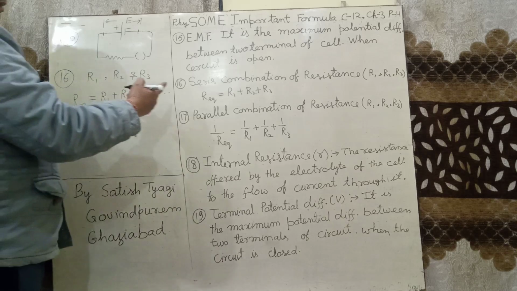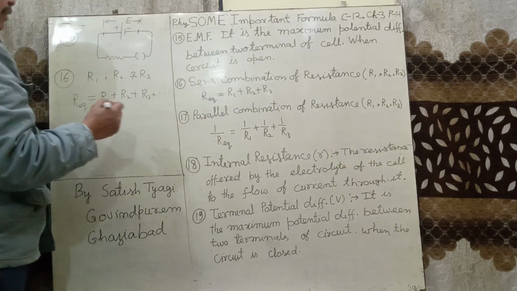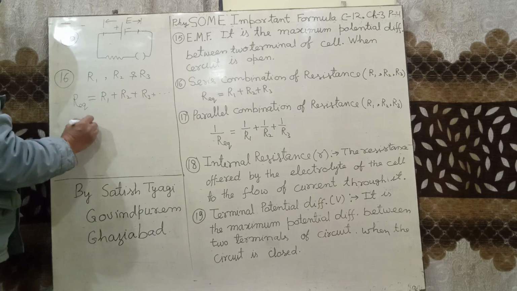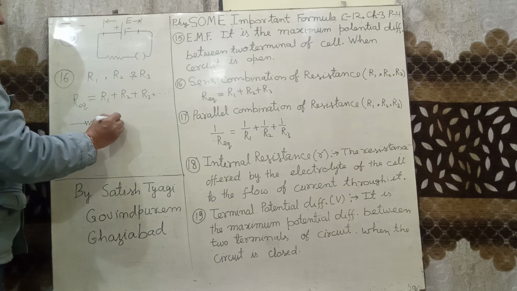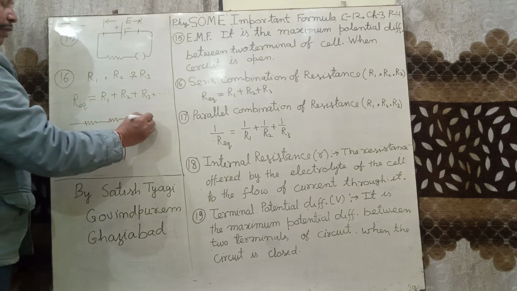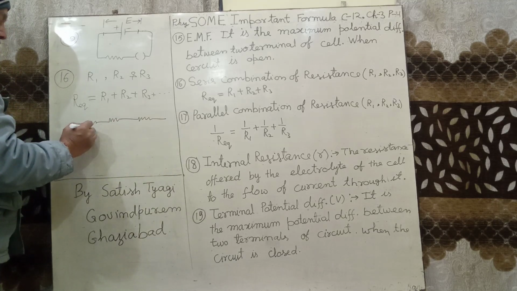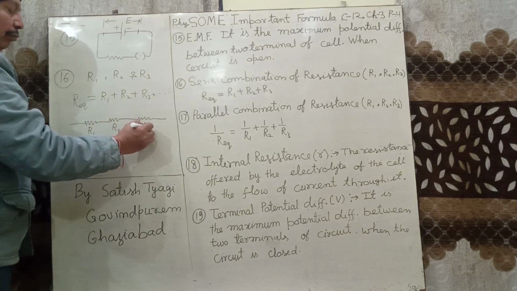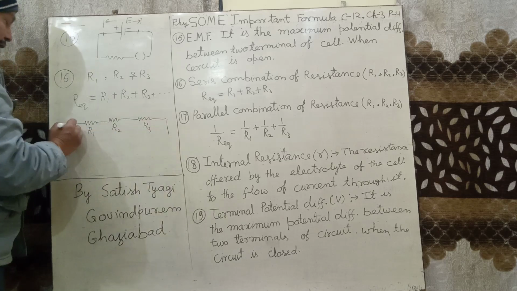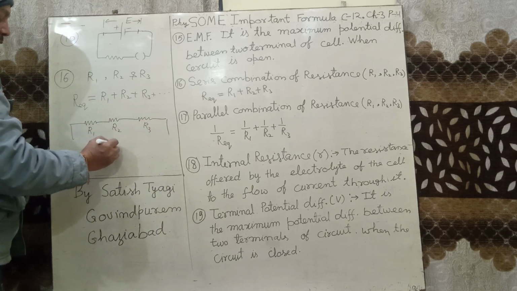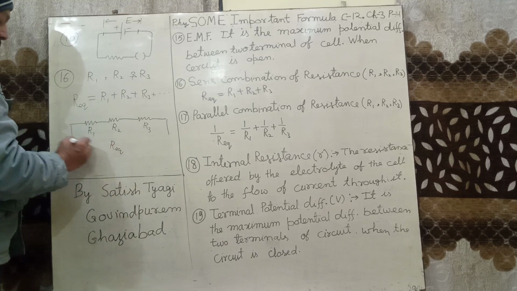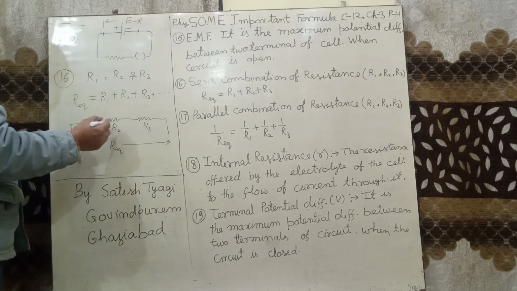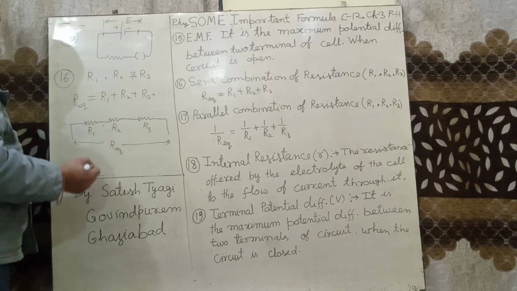If the resistances are connected in series, the series combination is this type. Here resistance R1, here resistance R2, here resistance R3. Then the net resistance is R_eq. In series combination, the terminals are connected this way.